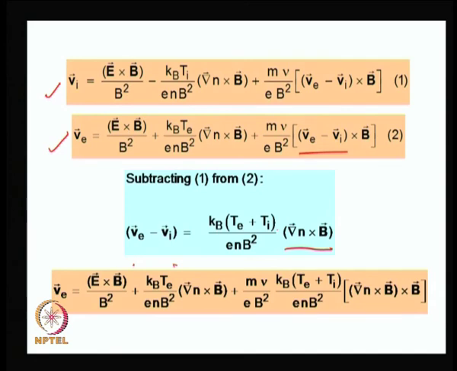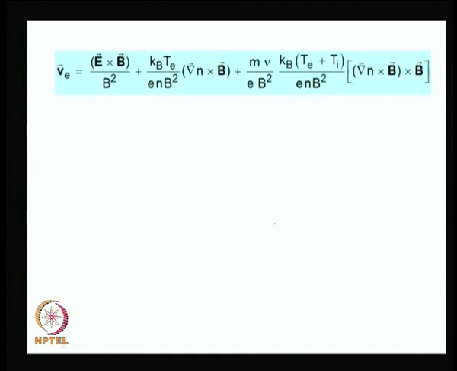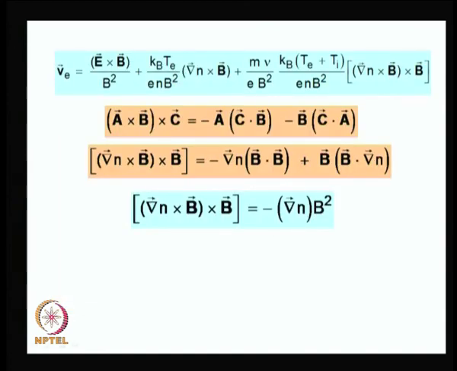The last term has another vector triple product, del n cross B cross B. You use the same method to simplify the last term, but the triple product is this time different. It is A cross B then cross C, which is a different product. Apply this and you get a simple answer.